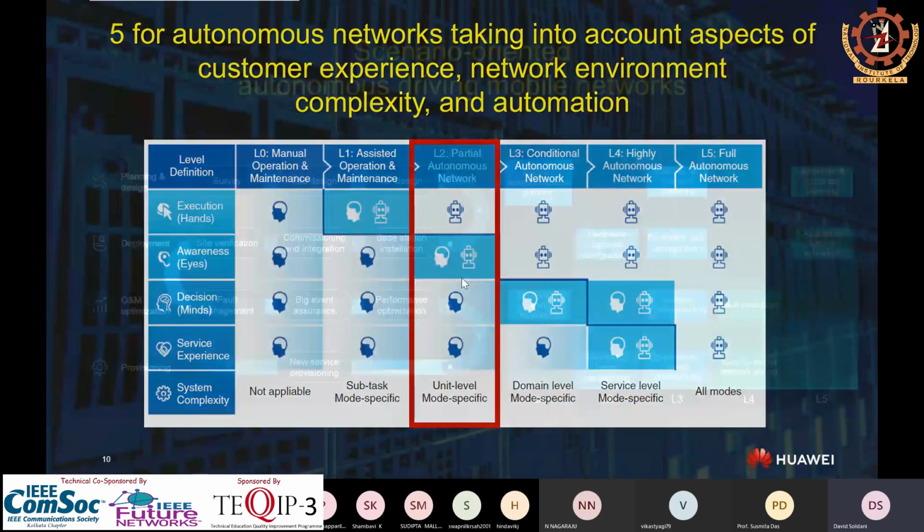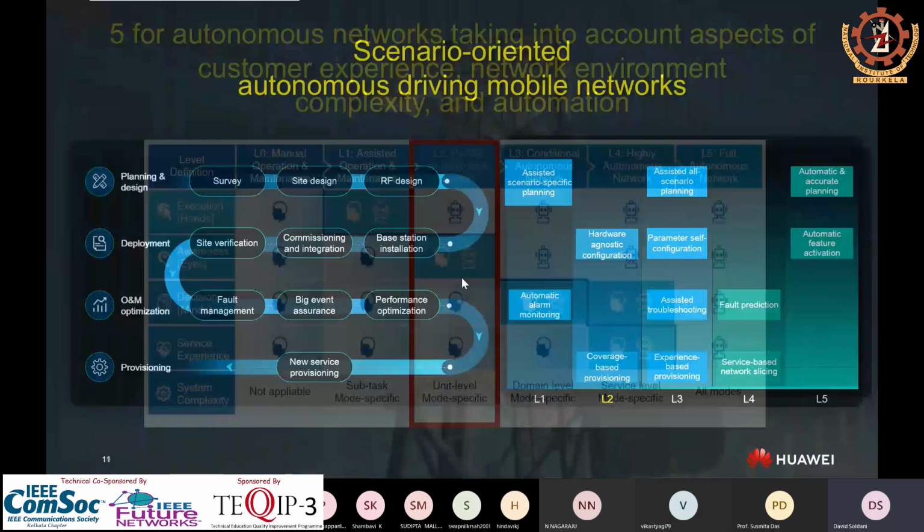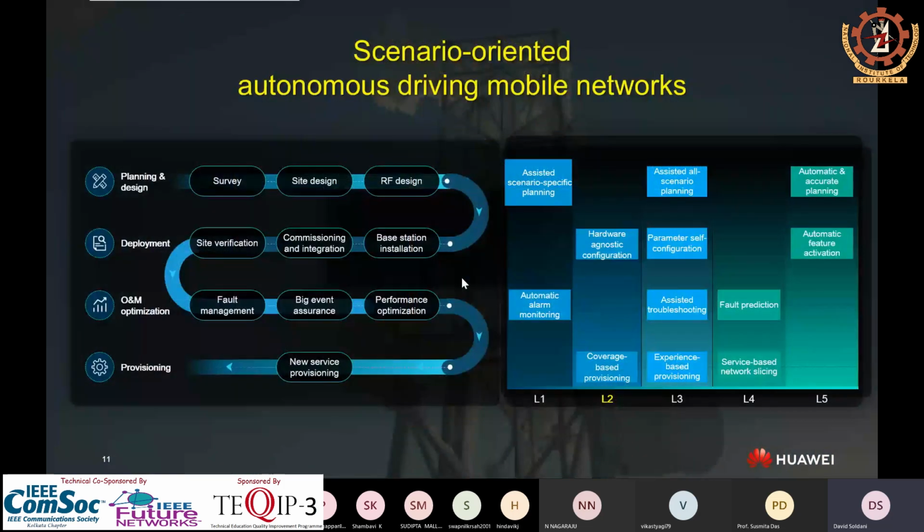And if you look at the business processes of our mobile carrier operators, they consist of 4 main steps, I would say. Let's put it this way. We start from planning and design of the infrastructure. Then we do the deployment.